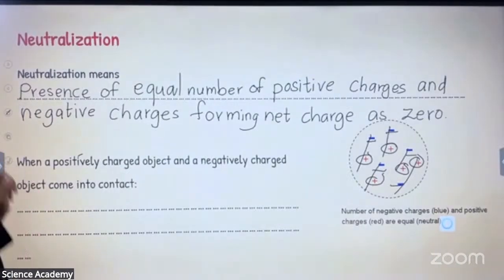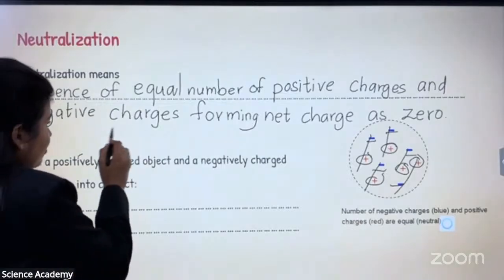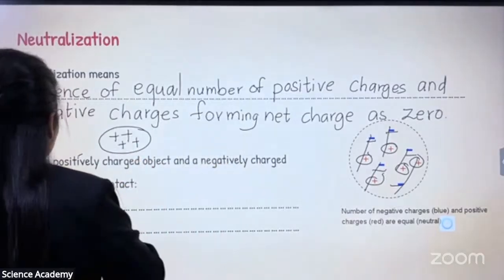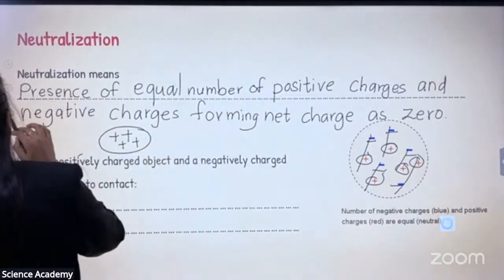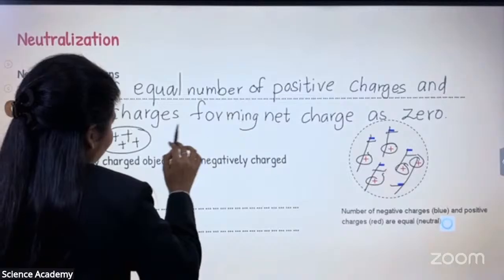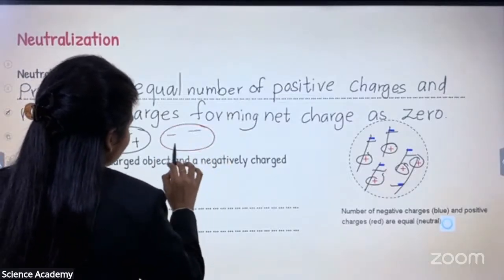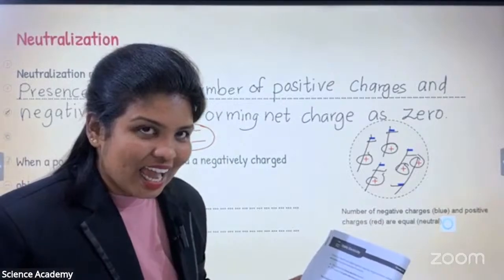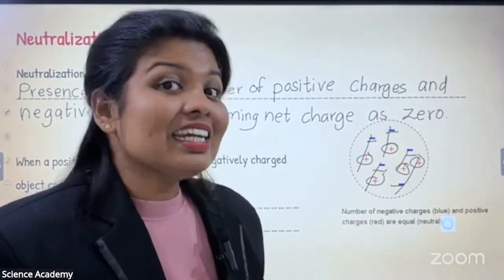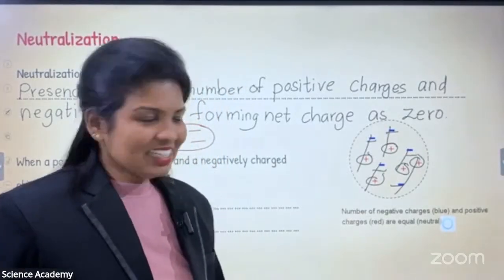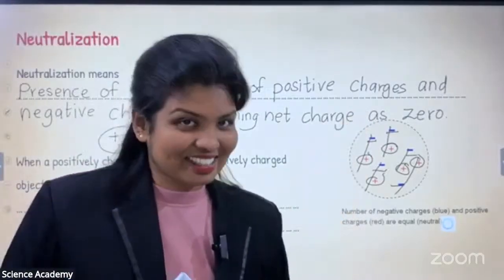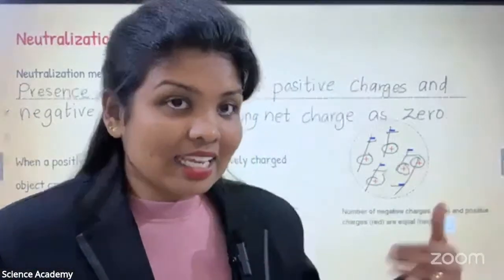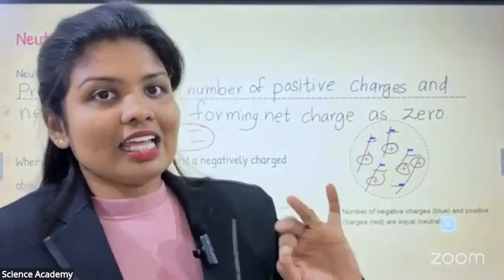Now, what is this question? When a positively charged object and a negatively charged object come into contact, what will happen? Can you remember we discussed it? Both attract each other and then neutralize after some time. I told you unlike things attract and like things repel. Like means similar things, unlike means different things.